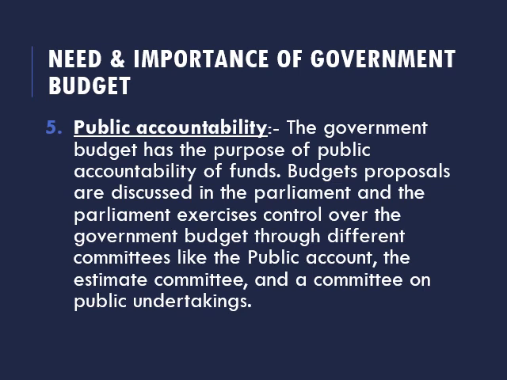So the government budget has the purpose of public accountability of funds. Budget proposals are discussed in the parliament, and the parliament exercises control over the government budget through different committees like the public accounts committee, the estimates committee, and the committee on public undertakings. Everything will be taken care of.